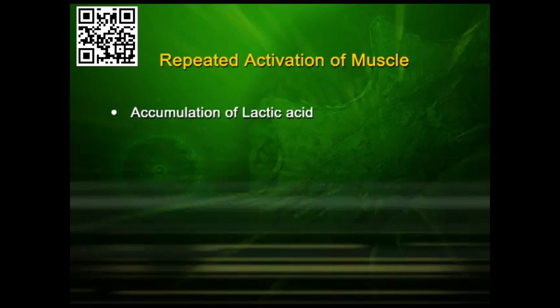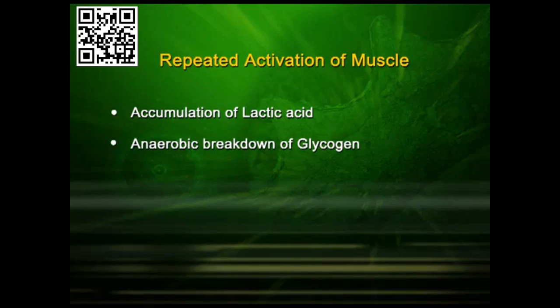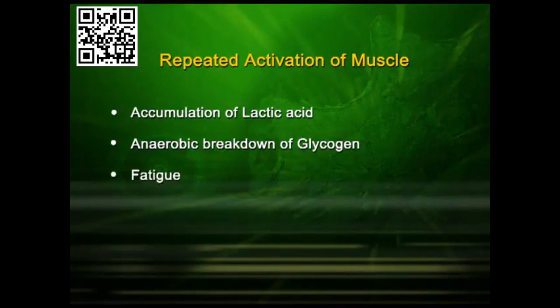Normally we have aerobic breakdown of glycogen, but when you need so much energy in such a short time and repeated time, then an anaerobic condition develops in the muscle, and it will release lactic acid. This lactic acid will accumulate in those areas where you were contracting muscle again and again, and this will result in fatigue. And when you rest for some time, the lactic acid will be mobilized.